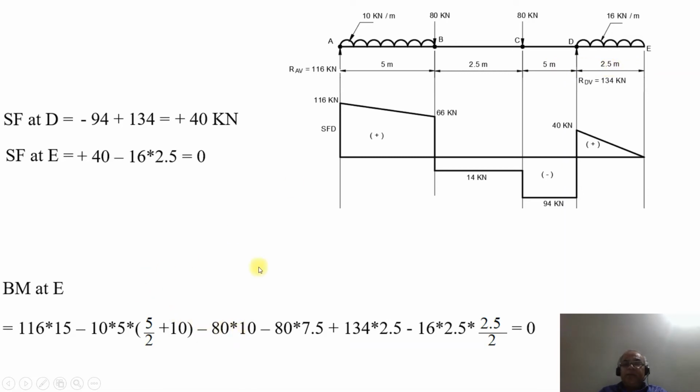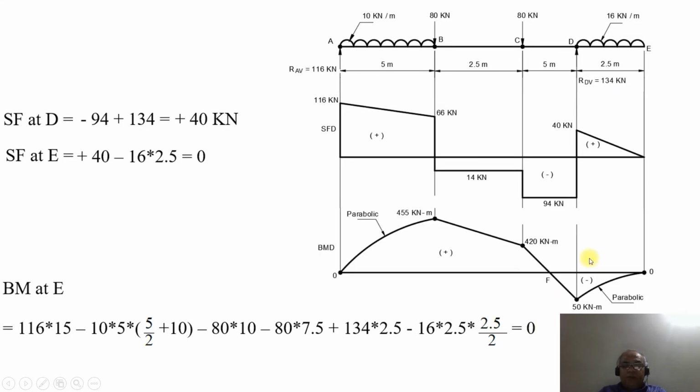Minus 80 into 10, then minus 80 into 7.5, then plus 134 into 2.5, as it is going upwards, so it becomes sagging. Then minus 16 into 2.5 into 2.5 by 2 will be equal to 0.